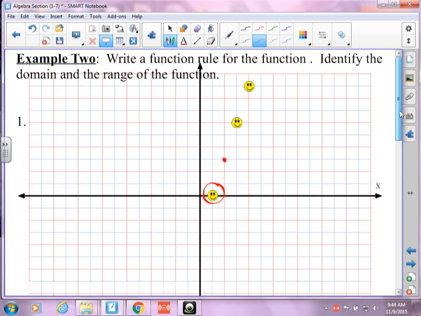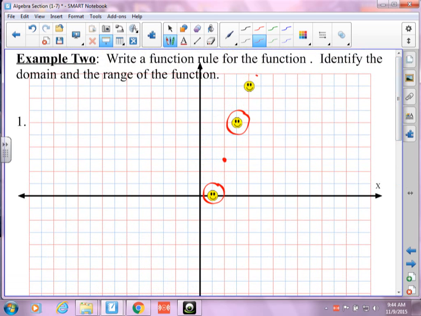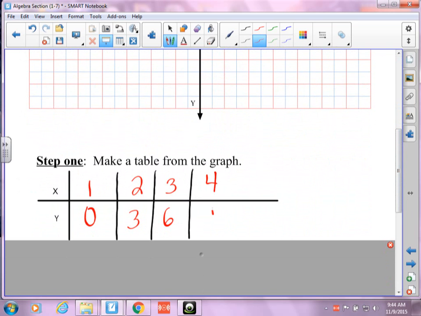Okay, the next one is 3, 6. Yeah? When in doubt, always ask. Okay? And the next one is 4, 9. Okay, so I made a table from the graph.